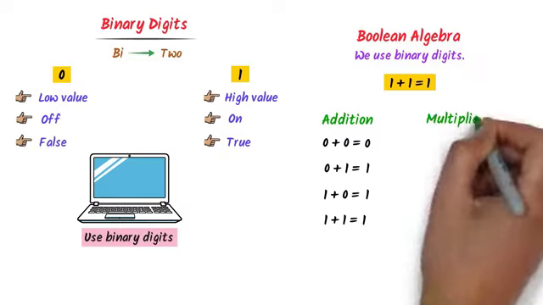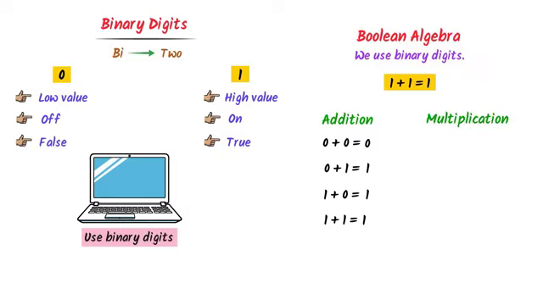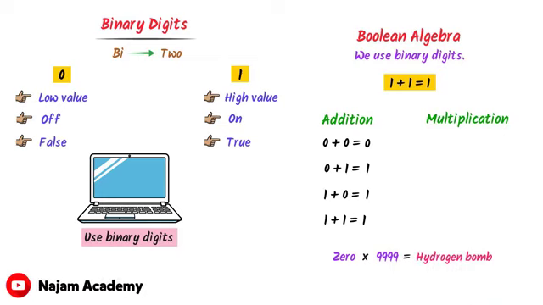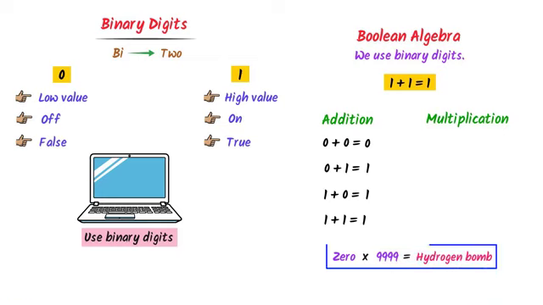Secondly, consider multiplication of binary digits in Boolean algebra. Remember that 0 in multiplication is a hydrogen bomb and it finishes everything.